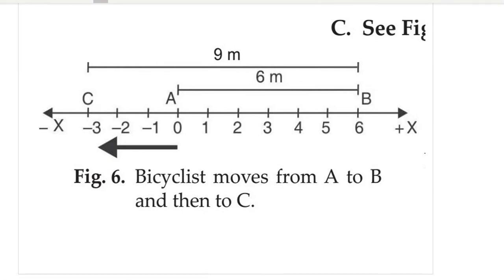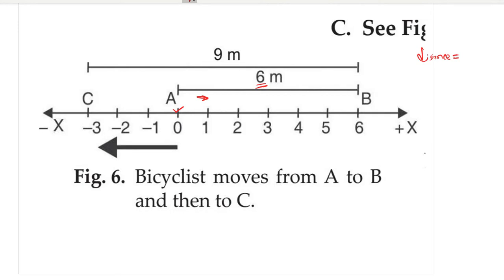Okay, now see, the bicyclist is starting from point A. First, we are going to calculate the distance. What is distance? Distance is the length of total path which is traversed by any body. So bicycle starts from point A, goes towards the right, towards point B. How many meters? 6 meters.